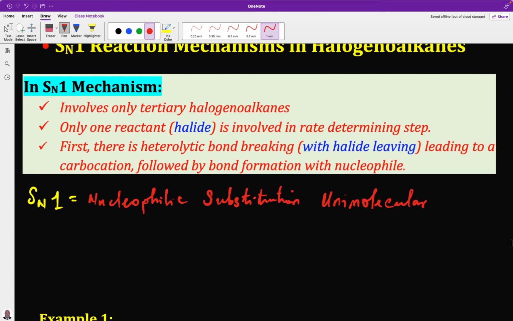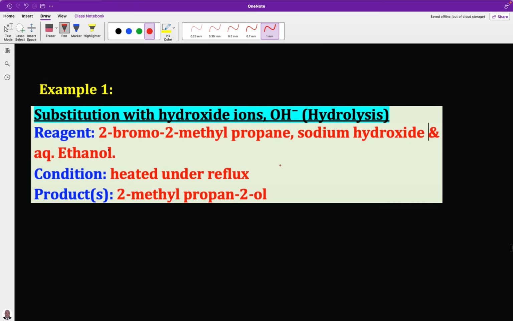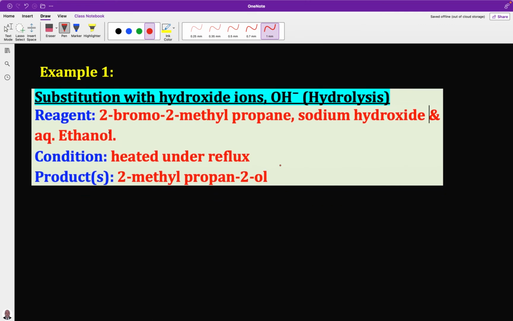Our example here will be substitution with hydroxide ion. The halogenoalkane that we'll be using is 2-bromo-2-methylpropane, with sodium hydroxide and aqueous ethanol. Those are the reagents. The hydroxide will be substituting the bromine.